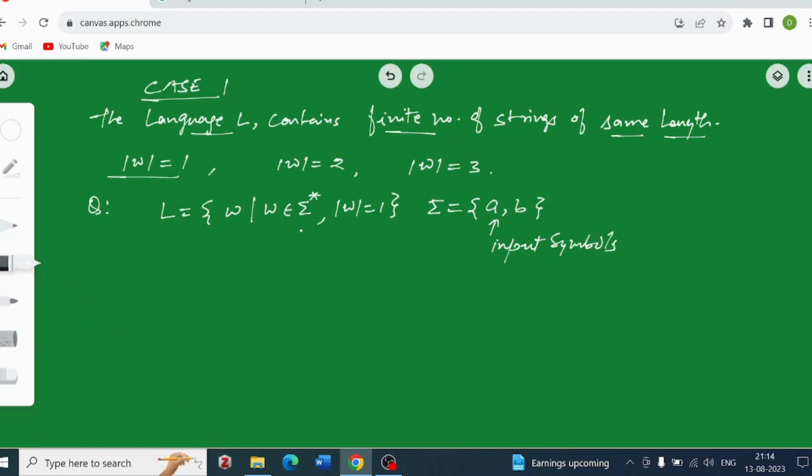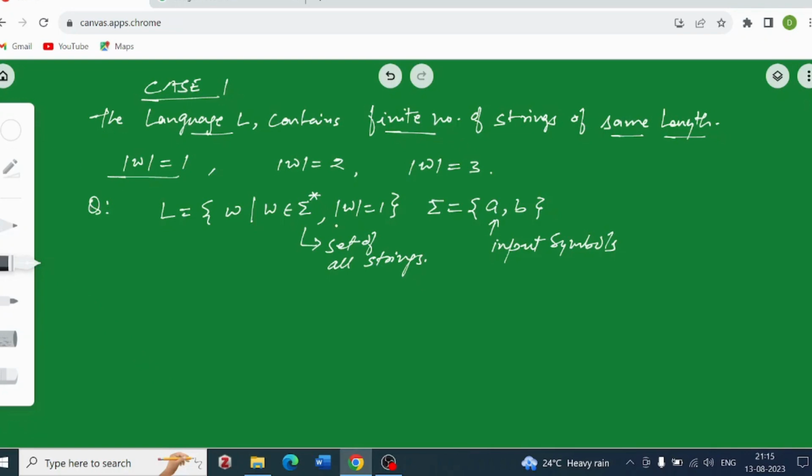Sigma star is the set of all possible strings, so it contains a string of length 0 as well as strings of length 1, length 2, and so on. That is a set of all strings.